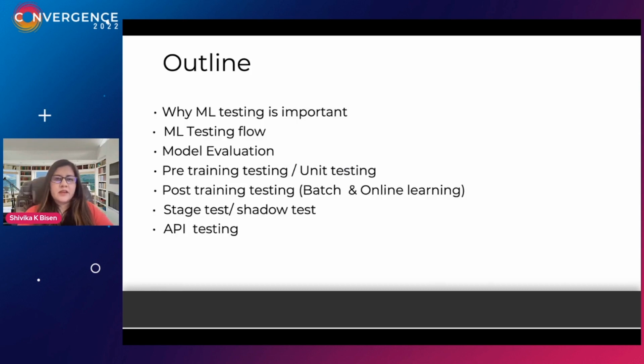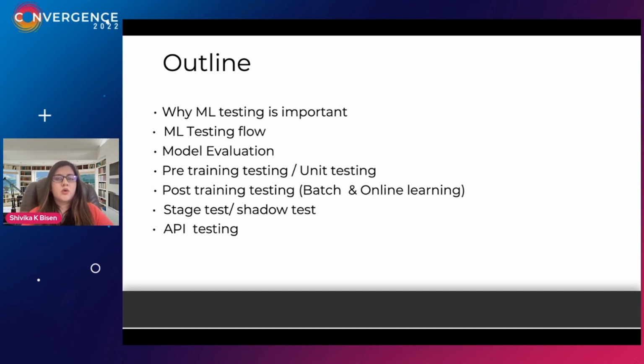So that said, I'd like to come back to our topic, which is testing machine learning models for production. Before I go ahead, I want to give you a roadmap of what we'll be talking about. First, we'll understand why ML testing is even important, and then we'll see the flow of ML testing.